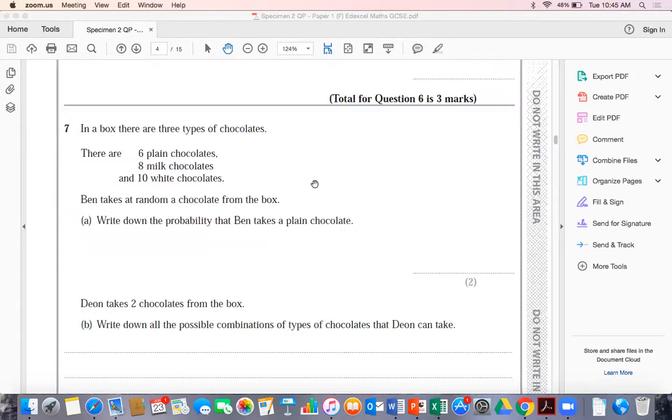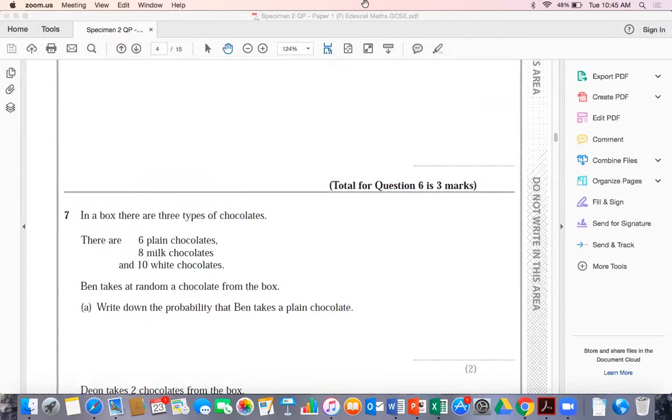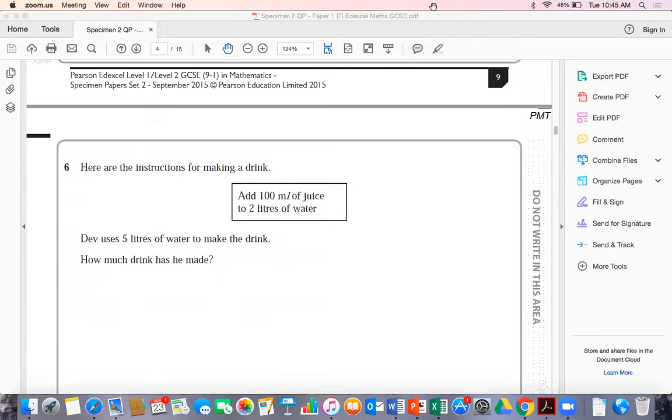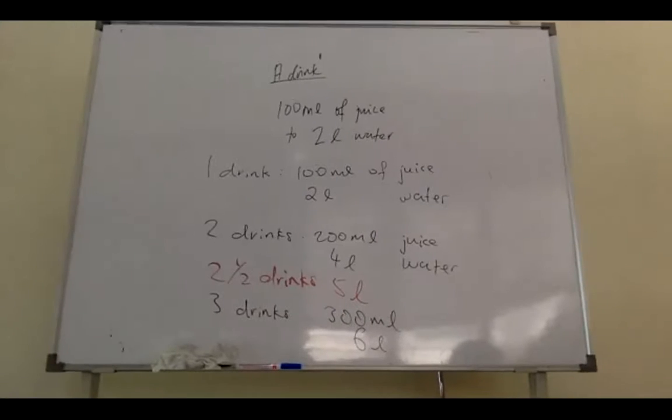Can you show the working again? So I didn't know probability was coming out for the exam also.